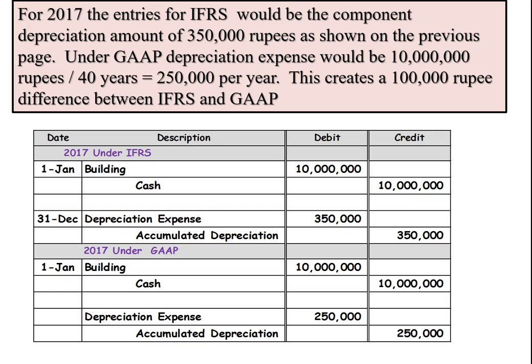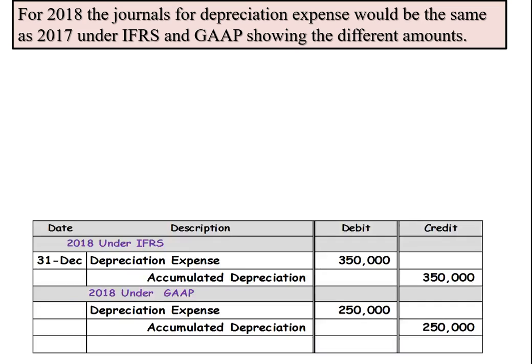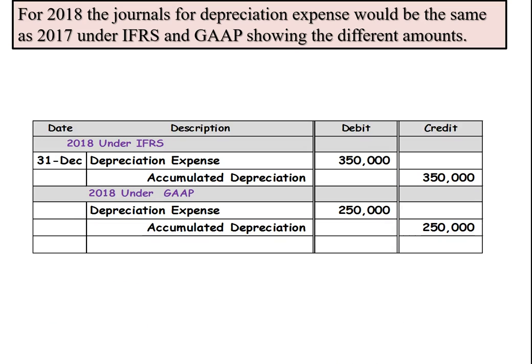And under GAAP, it is going to be 250,000, which is the 10 million rupees divided by 40. In 2018, we have the same journal entries, and again, we've got another 100,000 difference. So now our accumulated depreciation is different by 200,000.